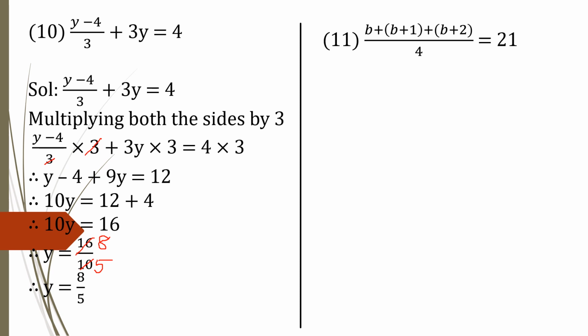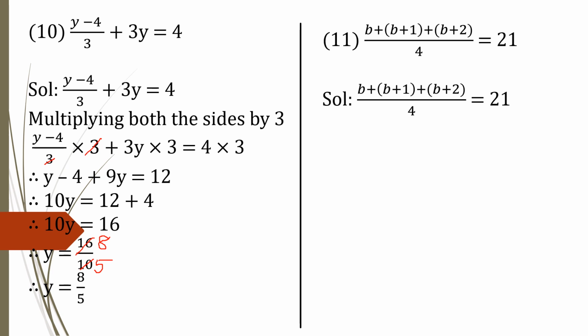11th, what is given? B plus, in bracket, B plus 1, plus, in bracket, B plus 2 upon 4 equal to 21. Now student, first let's write down the equation. B plus 1 plus B plus 2 upon 4 equal to 21.